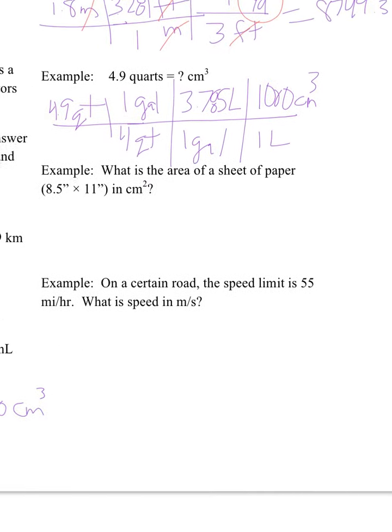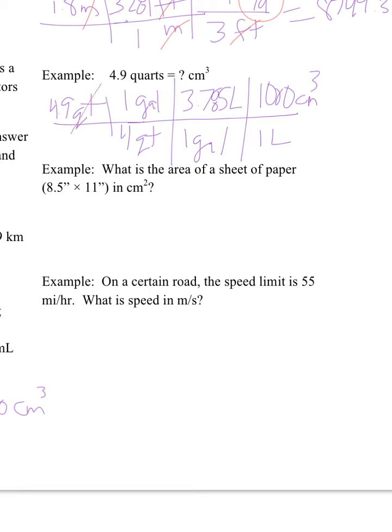Okay, so double check that my units cancel out. Remember, we're forming habits, so we want to always check. And then I'm going to take 4.9, and remember in PEMDAS, it doesn't matter if I can divide, I can take this and divide by this and then multiply by this, or I can multiply across and divide by 4, it doesn't matter.